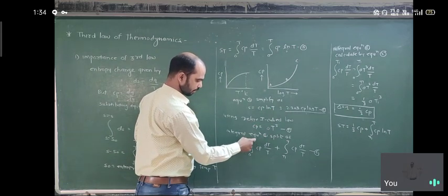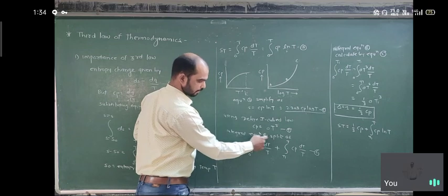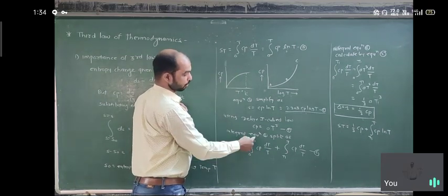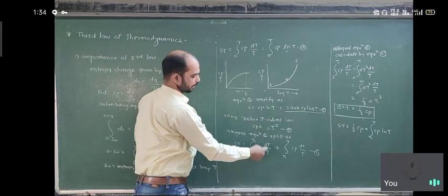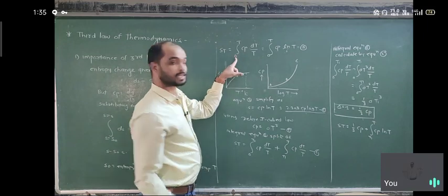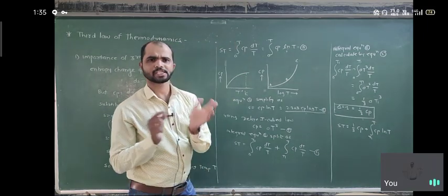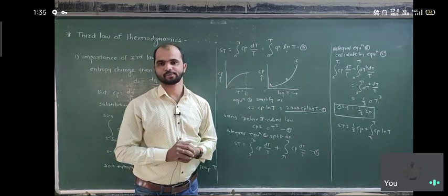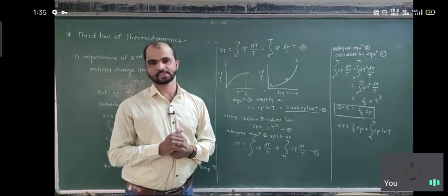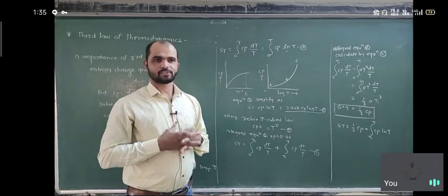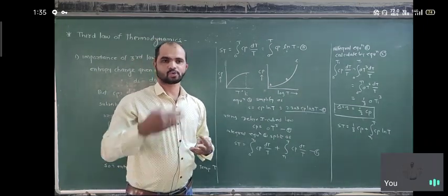When we split integral equation 3, we get the integral from 0 to T, with the limits given, of Cp dT, plus a second term. We consider temperature from 0 to T, but it is impossible to calculate the entropy at 0 temperature, because below 15 Kelvin it is difficult. So we always consider temperatures above 15 Kelvin.